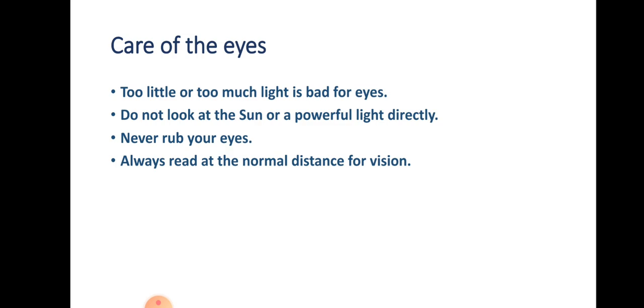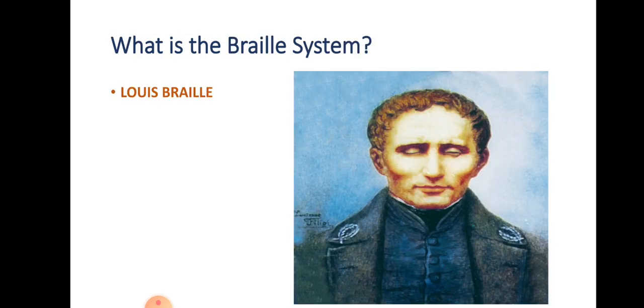So for visually impaired people, a system is designed, and the most popular resource for visually challenged persons is Braille. This system was developed by a visually challenged person, Louis Braille.